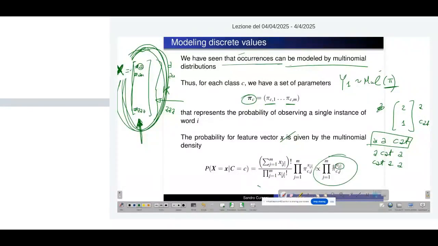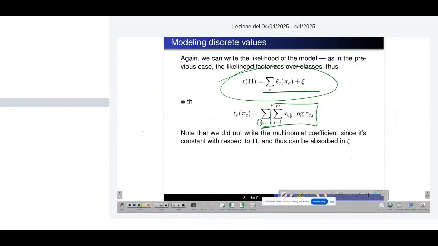For each word count, I take the probability of that word to the power of the number of times that word appears, and everything is then multiplied by this coefficient. When I move to the log, it becomes a sum over the samples of that class, of a sum over words of the number of occurrences of word j times the log probability for the word.